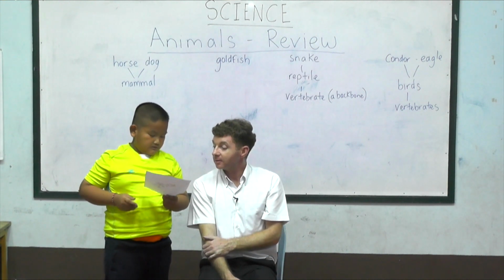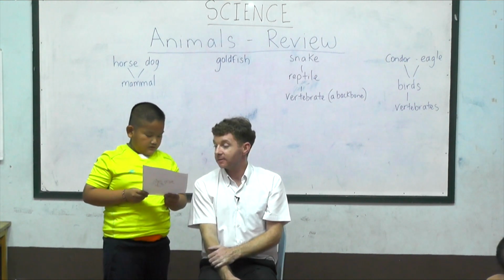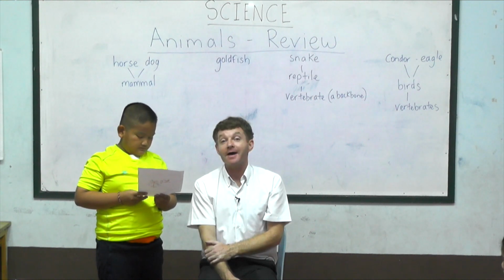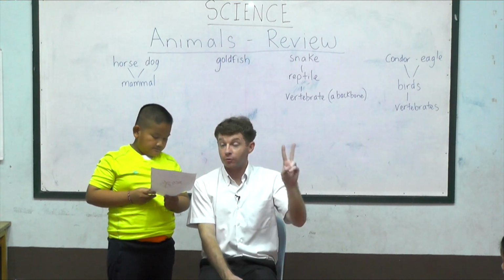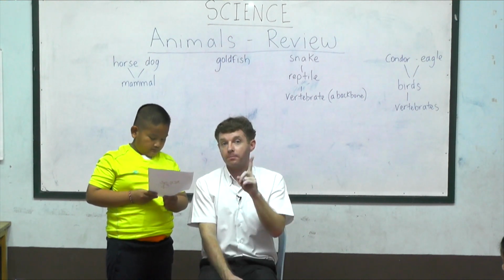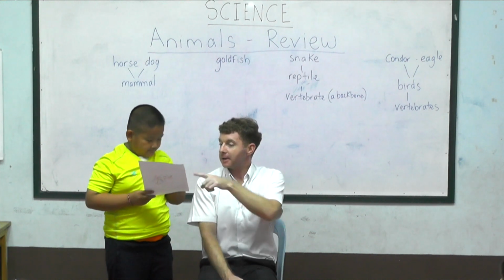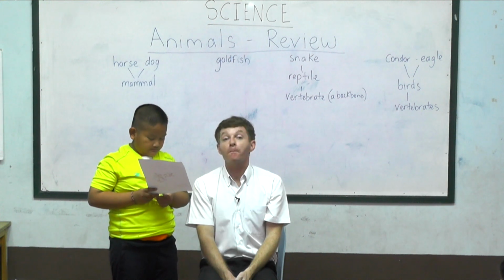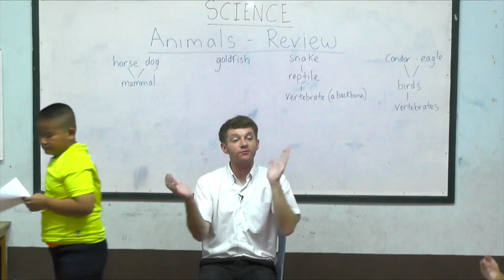It is a vertebrate because it has a backbone. Condors have two wings, one beak, and two legs. My condor is the colour blue. Net, that was brilliant. High five. Big round of applause for Net, guys.